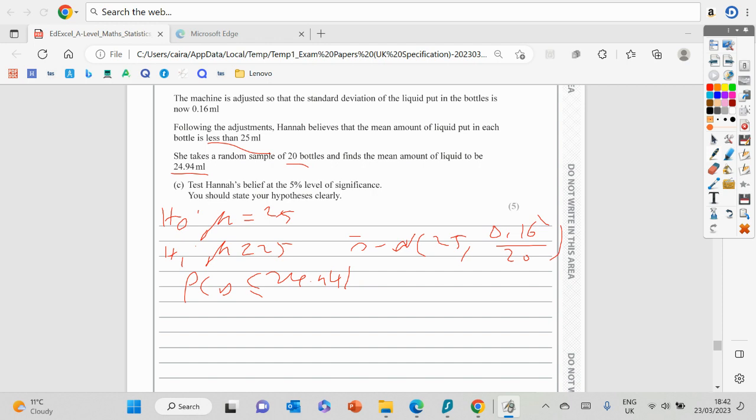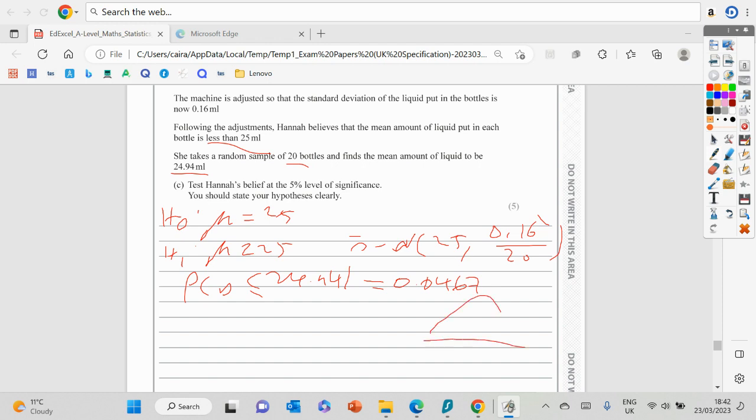We're going to go into good old menu number 7 again. We want less than 24.94. We've got a sigma this time of the root of this, which is being slightly careful. It's the root of 0.16 squared over 20. And the mu is 25. And that gives you 0.04676625636. So 0.0467 will do for the time being.